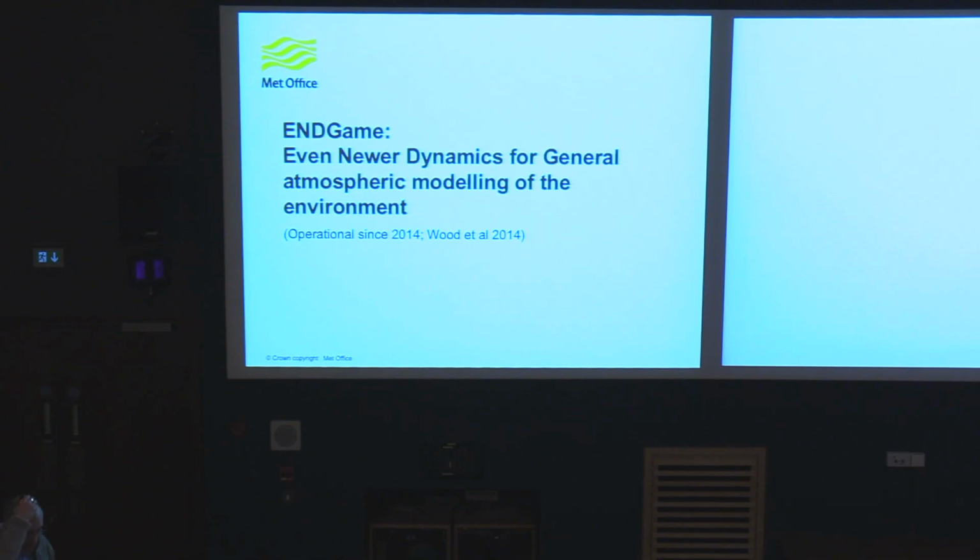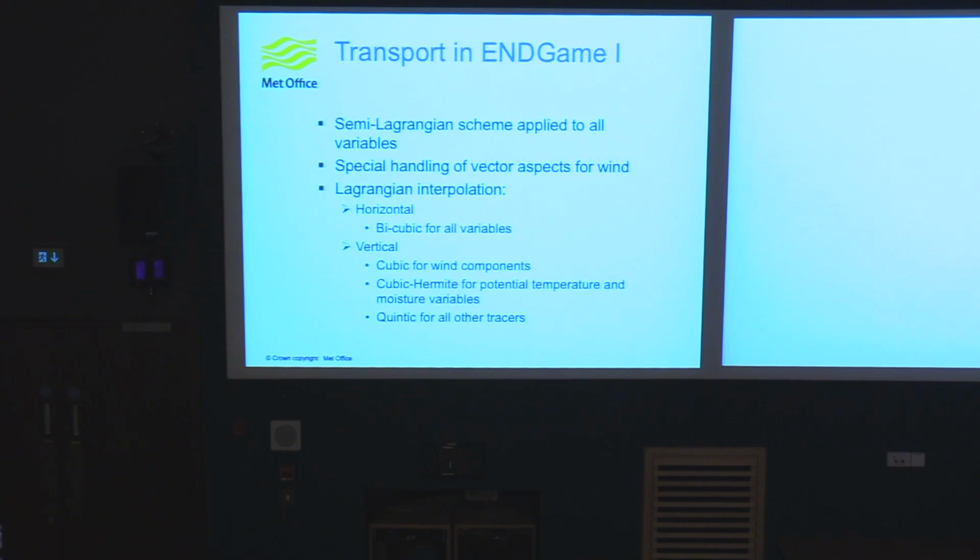So ENDGame, the Even Newer Dynamics for Global or Generic Atmospheric Modelling of the Environment, is the term we use for our current dynamical core, so the dynamical core of the Unified Model. This became operational in 2014, and there's a reference there. So in terms of the transport, ENDGame uses a semi-Lagrangian scheme for all the variables within the model.